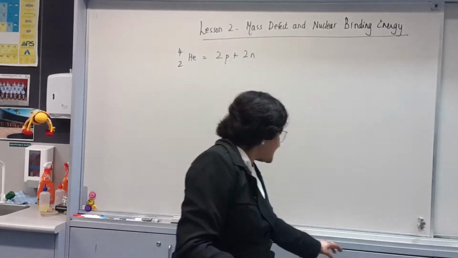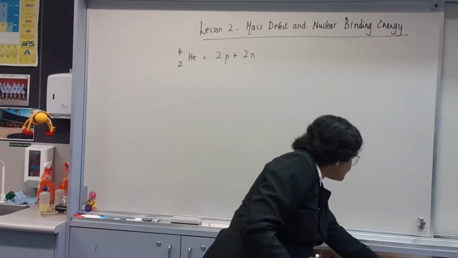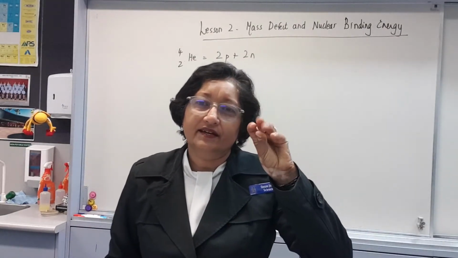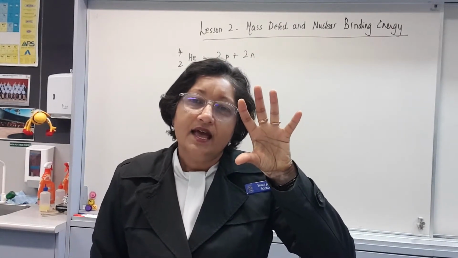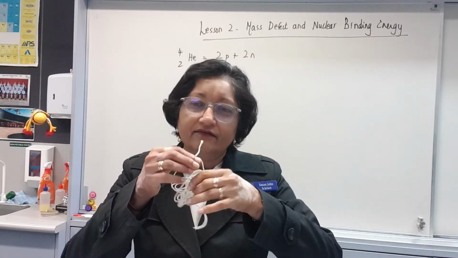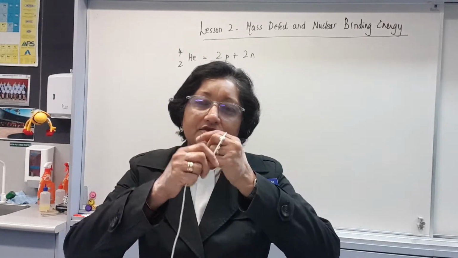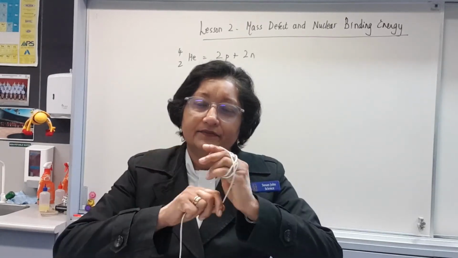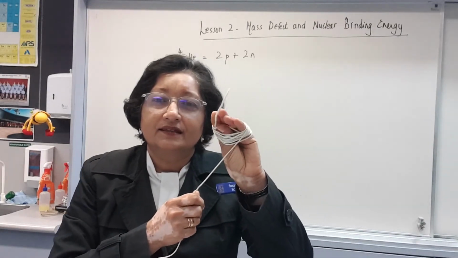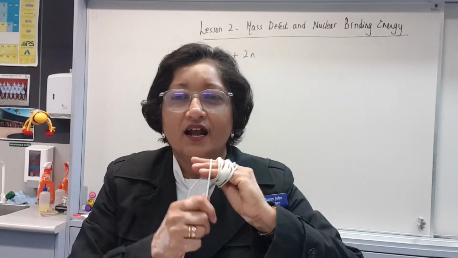So it's almost like me taking this string. You've got the free protons and neutrons. Imagine my fingers are the free particles, so they've got lots of mass, lots of energy. But if I bring them together to bind them, to form the nucleus of the atom, these protons and neutrons can hardly wiggle. They don't have much energy, and the tighter I bind them, the less energy they have.